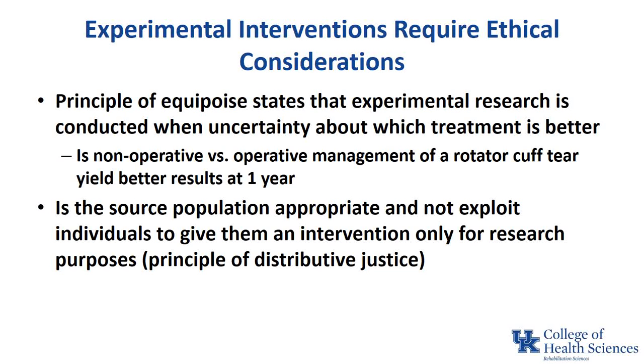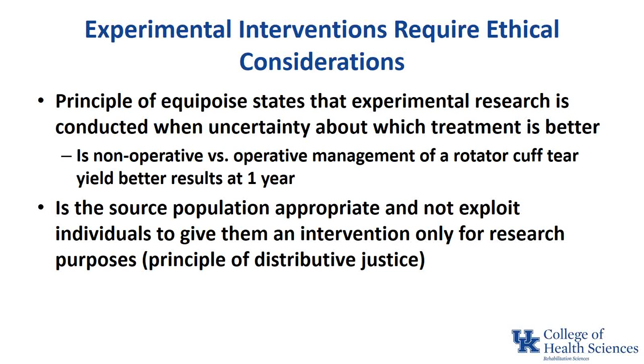We're going to do this operatively versus non-operatively. Well, there was a cohort study that showed that non-operative management of rotator cuff tears does very well at 1, 2, 3 years out. So now they've gathered funds, and now they're doing this randomized clinical trial. So there's a rationale that they can clearly show that non-operative care may benefit patients just as well as surgical intervention for a torn rotator cuff.